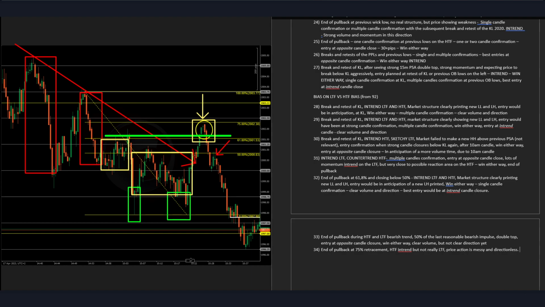Best entry would be at the break below the 50% retracement and opposite candle closure. Two candles confirmation. Moving either way. And that's pretty much it.